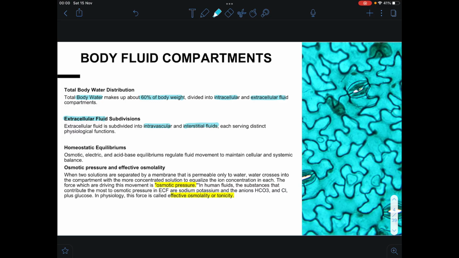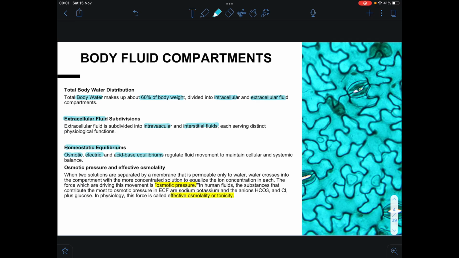And the environment is in a continuous homeostatic equilibrium. Cells usually swim in an environment that is osmotically in equilibrium, electrically in equilibrium, and where the number of protons is also balanced inside and outside. So it has this balanced environment.